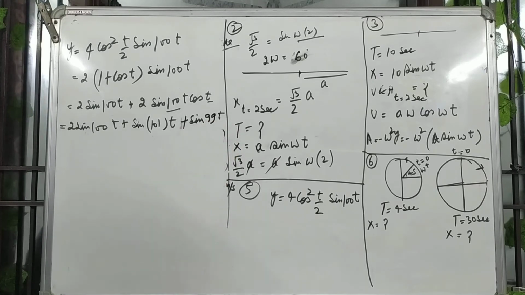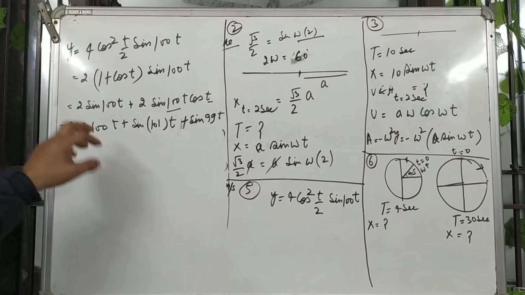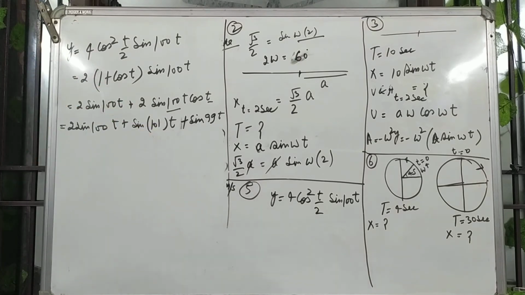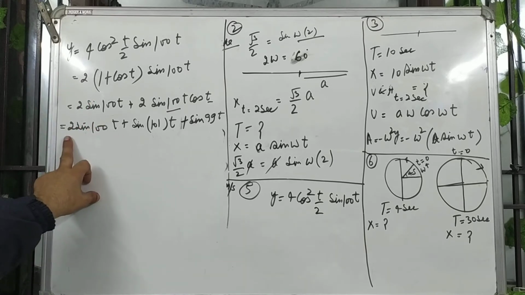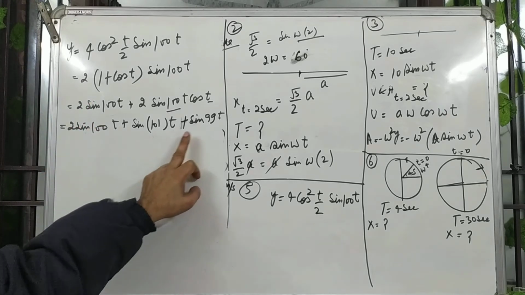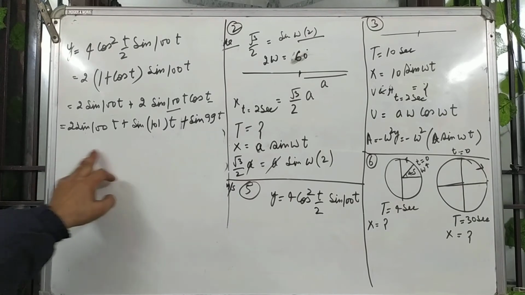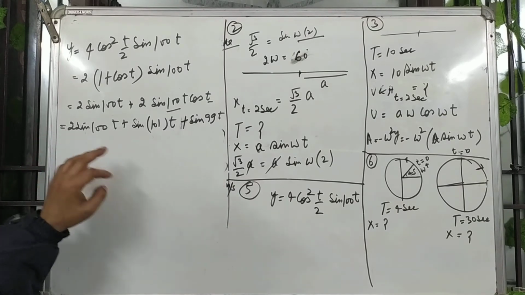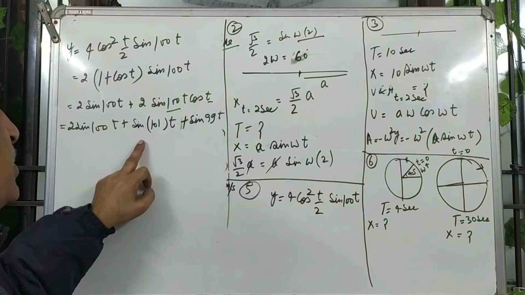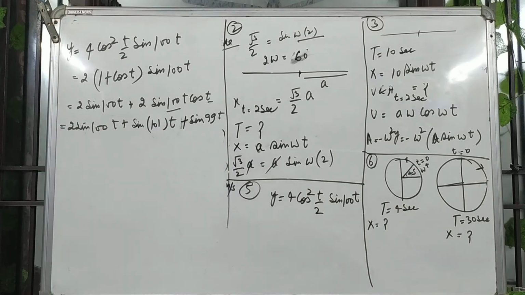A trigonometrical function in sine and cos, these are SHM functions. So this is SHM. Cos and sine linear function is SHM. So this is SHM, this is SHM, and this is SHM. So there are 3 components, 3 equations: one SHM equation, second, and this is the third.